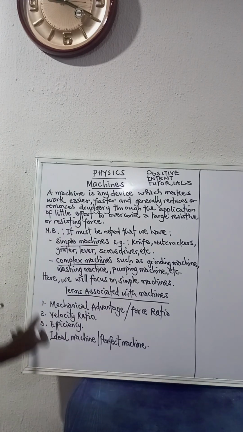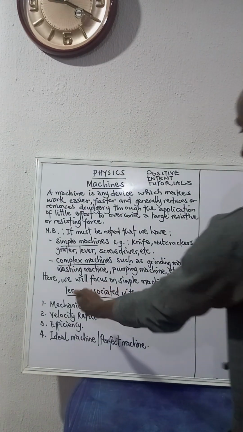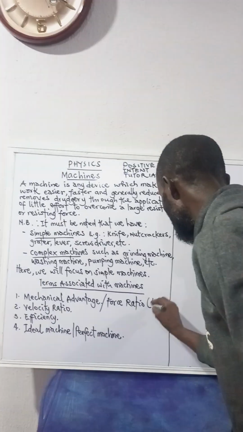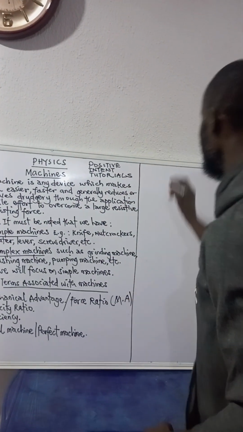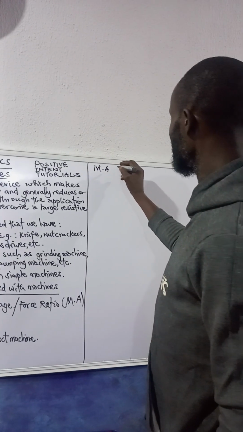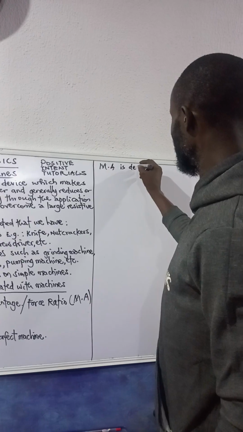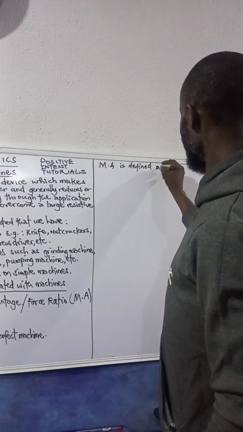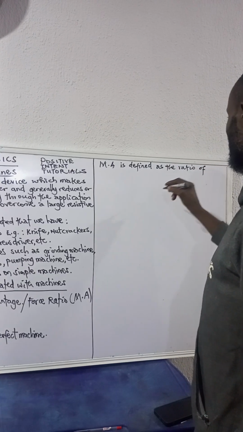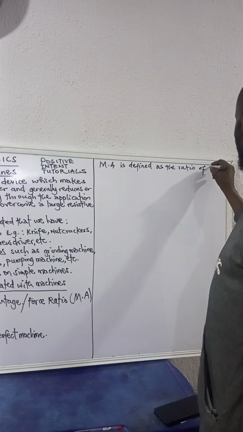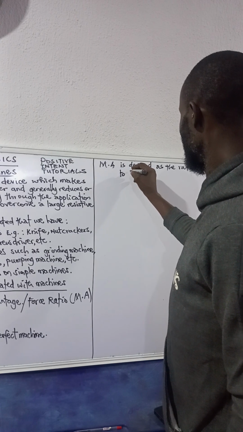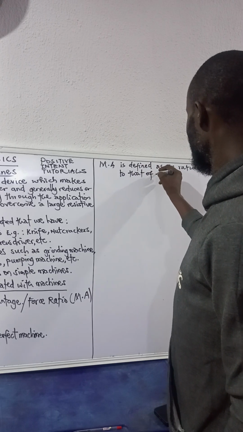Within a few minutes, we take down the meanings of these terms. So we'll have to start with mechanical advantage, which I will represent as MA. So mechanical advantage of a machine is defined as the ratio of load to that of effort.